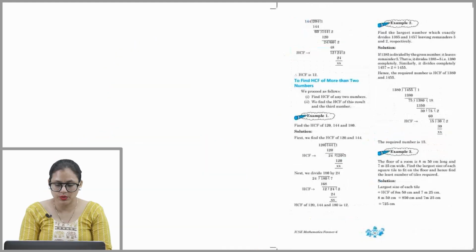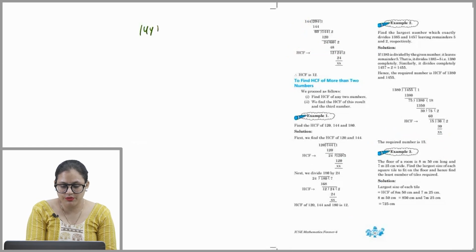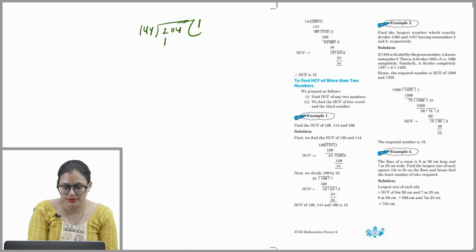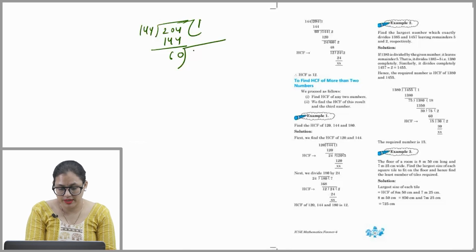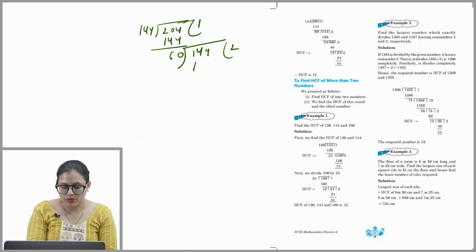So, we will divide 204 by 144. 144 ones are 144. 4 minus 4 is 0, 10 minus 4 is 6. Now, this remainder will become the divisor and the divisor will become the dividend. 6 twos are 12, 4 and 2.